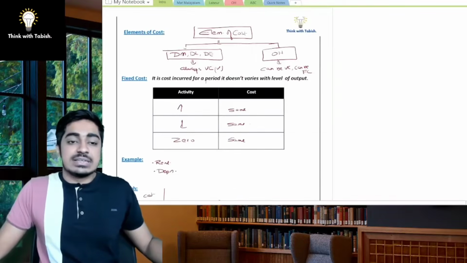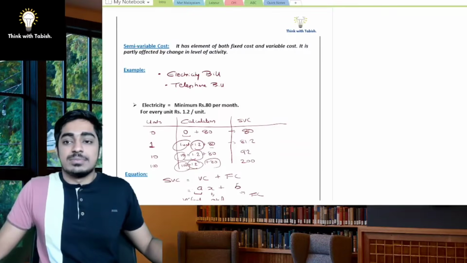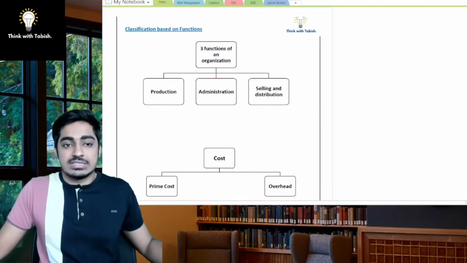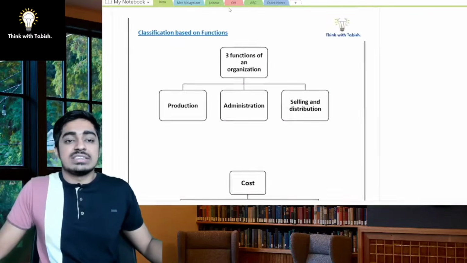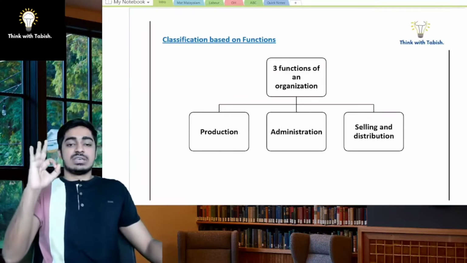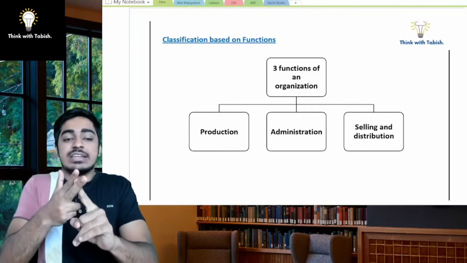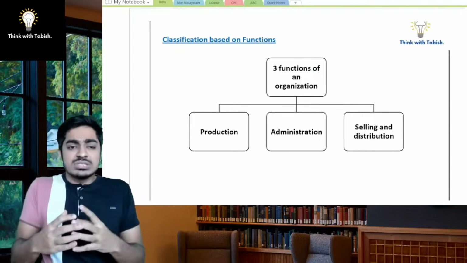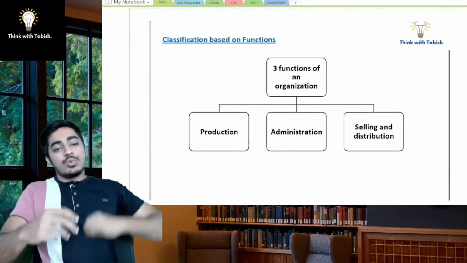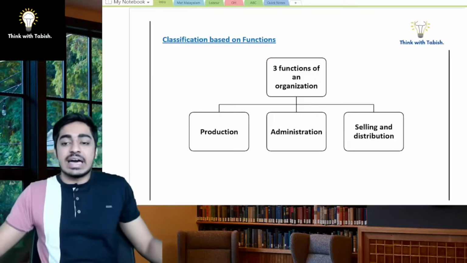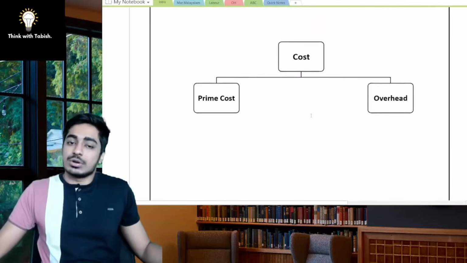Next, we have also discussed the classification of cost based on functions of an organization. Any organization has mainly three functions: production, administration, selling and distribution. You want to produce the goods, sell the goods, and overall we need to administer the entire process, if it is going properly or not.